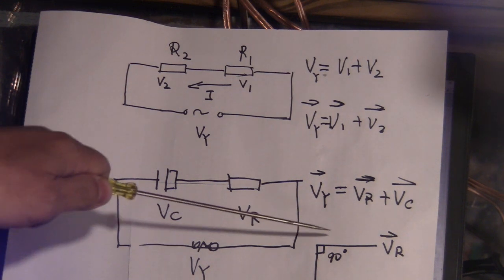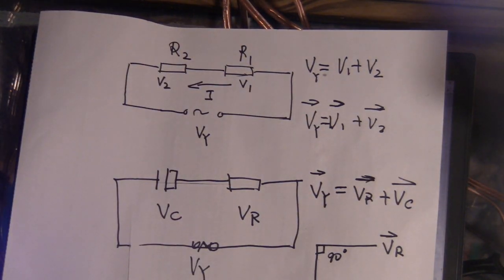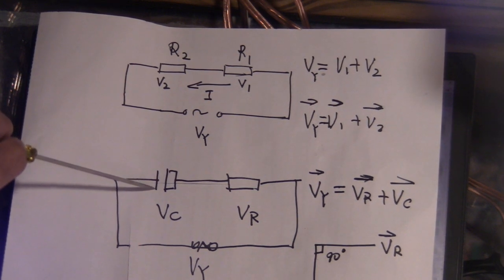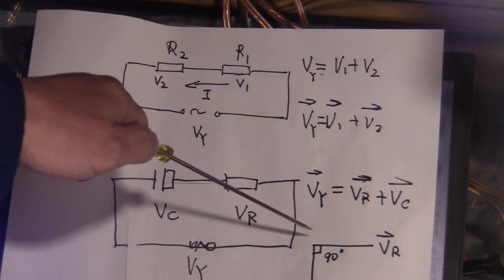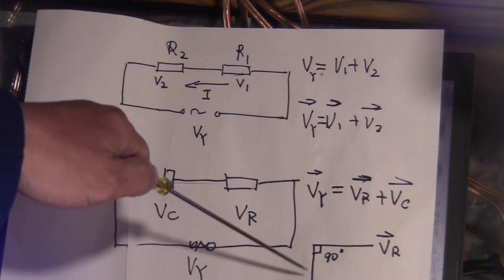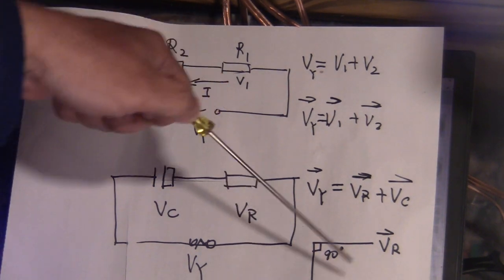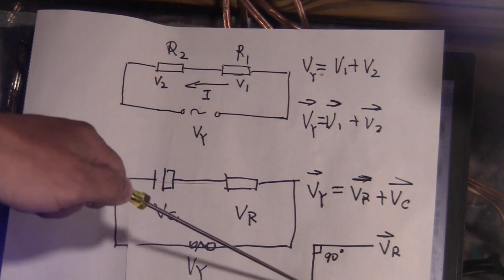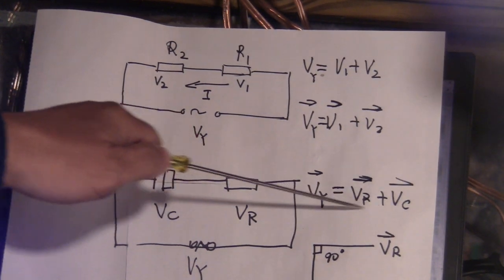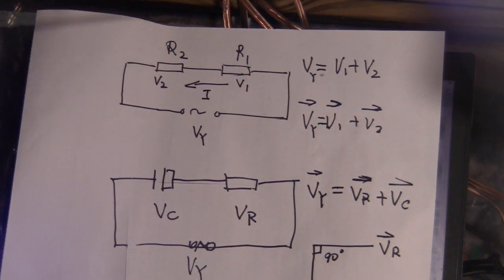So the Vr will go this way, flat, same as the signal direction. But the Vc, we know the vector is 90 degrees negative to the Vr. So this makes this equation not the same as the pure resistor circuit.